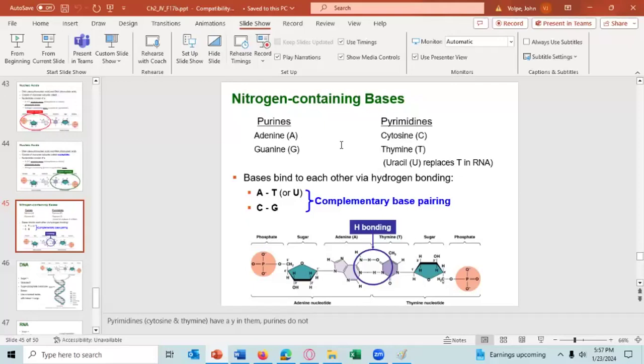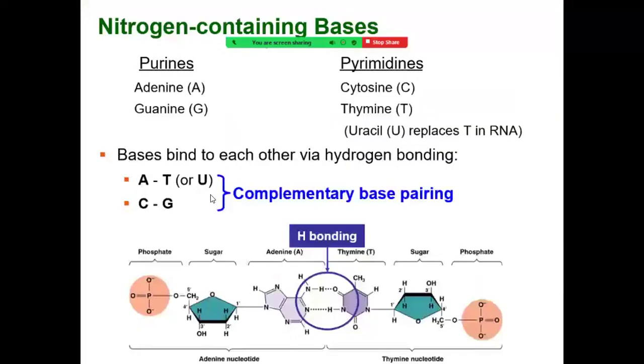Hydrogen bonding is shown here. Let me blow that up. Adenine here is binding to T, and the AT bond is actually two hydrogen bonds between the two nucleotides.